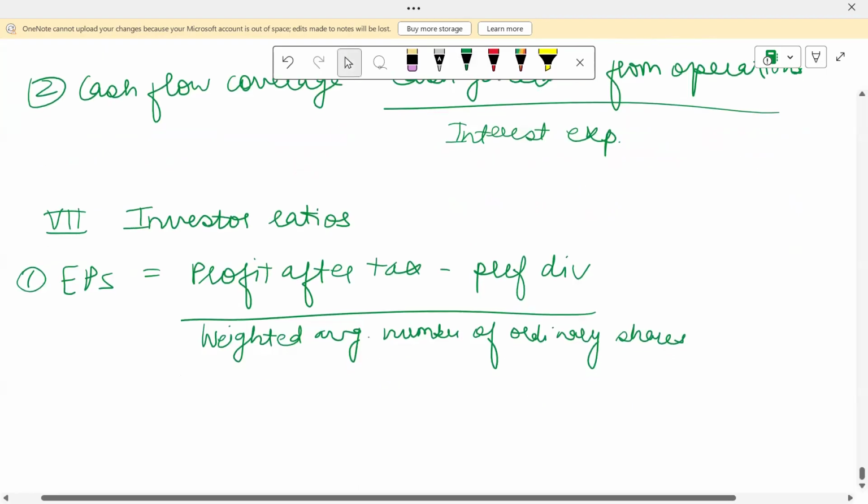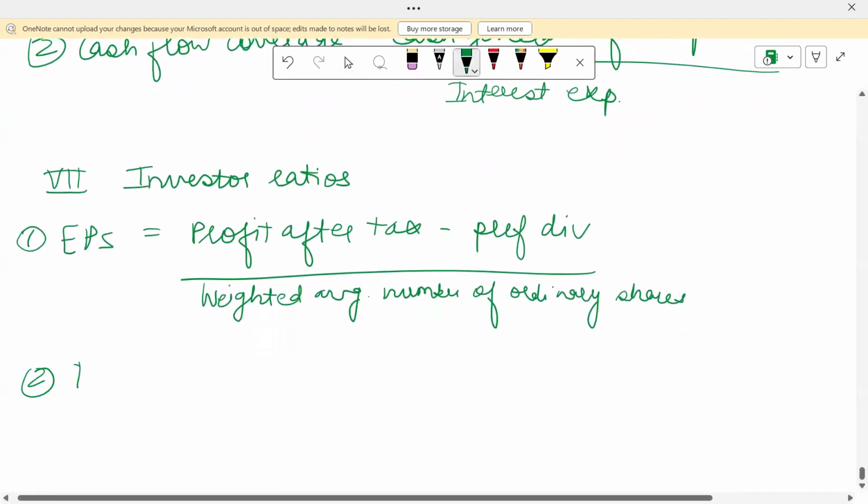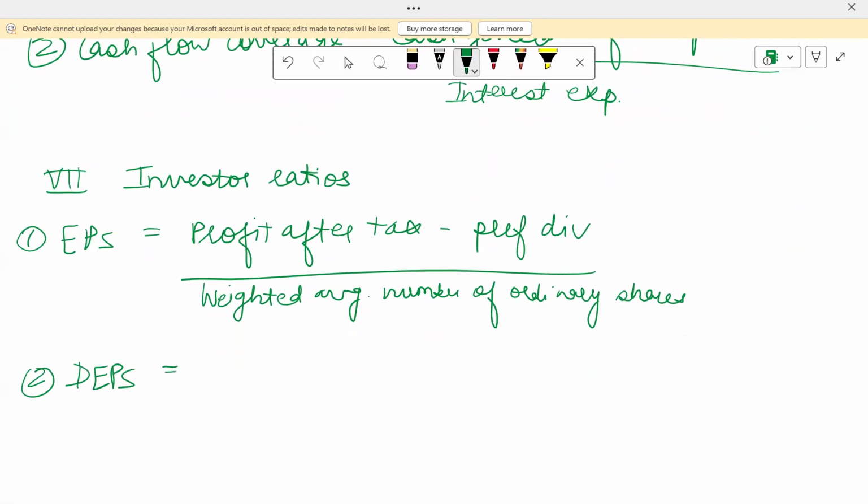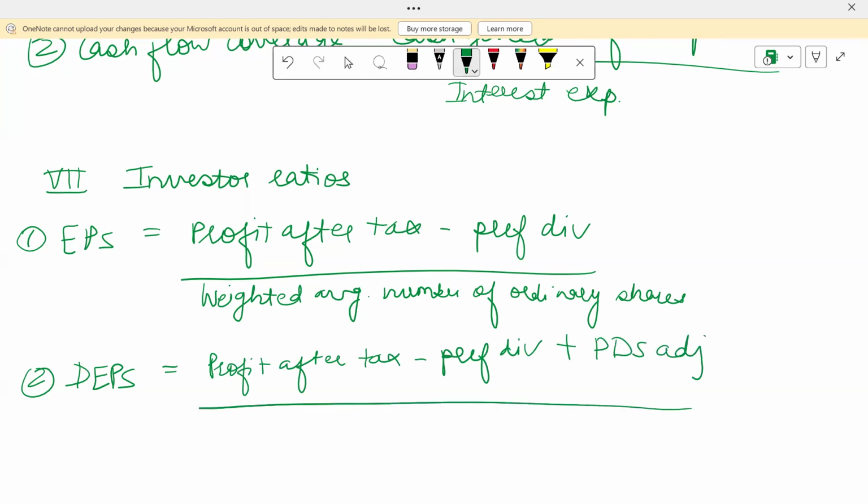Then another way to calculate EPS is the DEPS, diluted earnings per share. This is calculated using the formula profit after tax minus preference dividend plus PDS adjustments, divided by ordinary dividend plus your PDS.